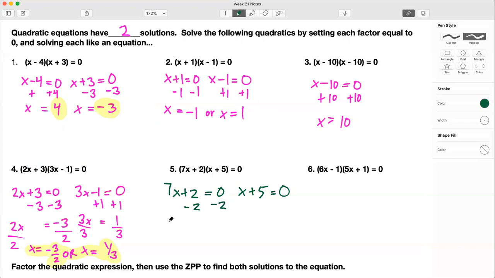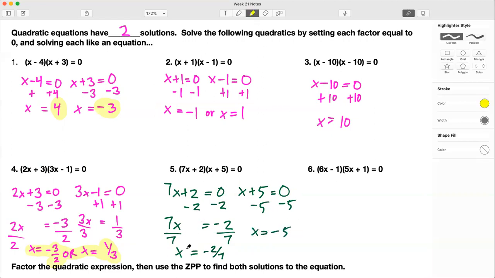Do the opposite, what we see here. Then we multiply or divide the coefficient. In this case was 7. And then x equals negative 2/7. Or x equals negative 5. And it's good to either highlight or circle your answers.